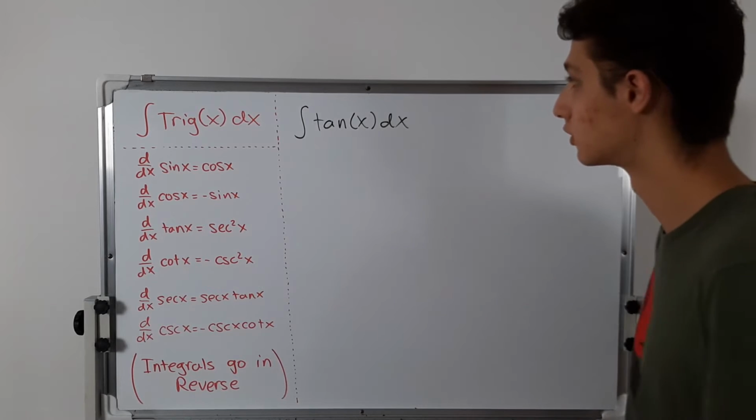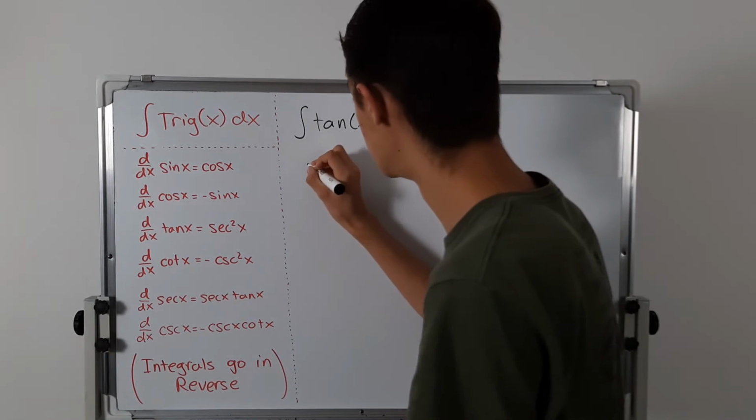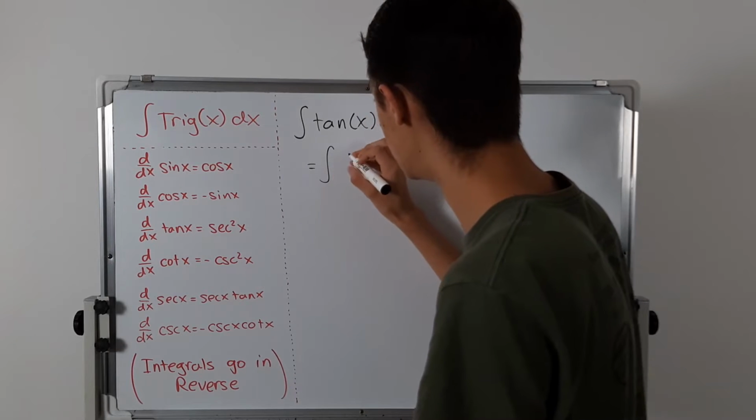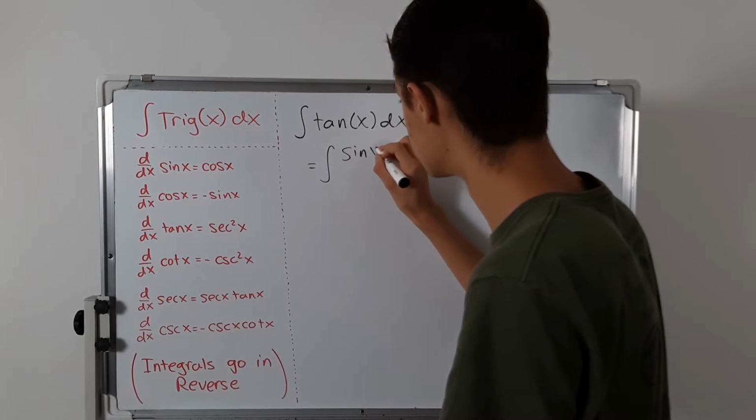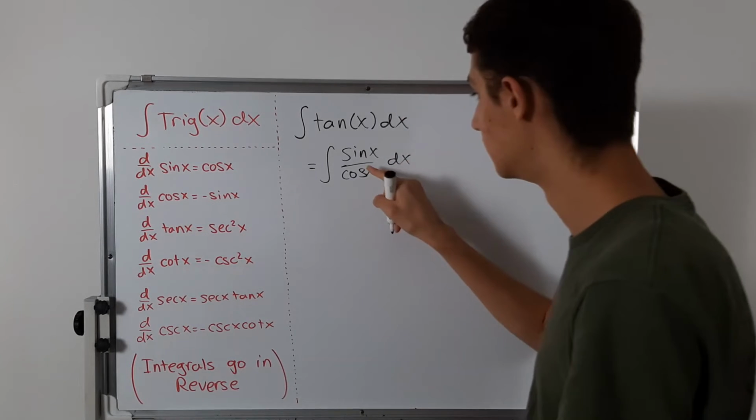Let's first rewrite tangent in terms of sine and cosine, because this is just going to be the integral of sine x over cosine x dx, right?